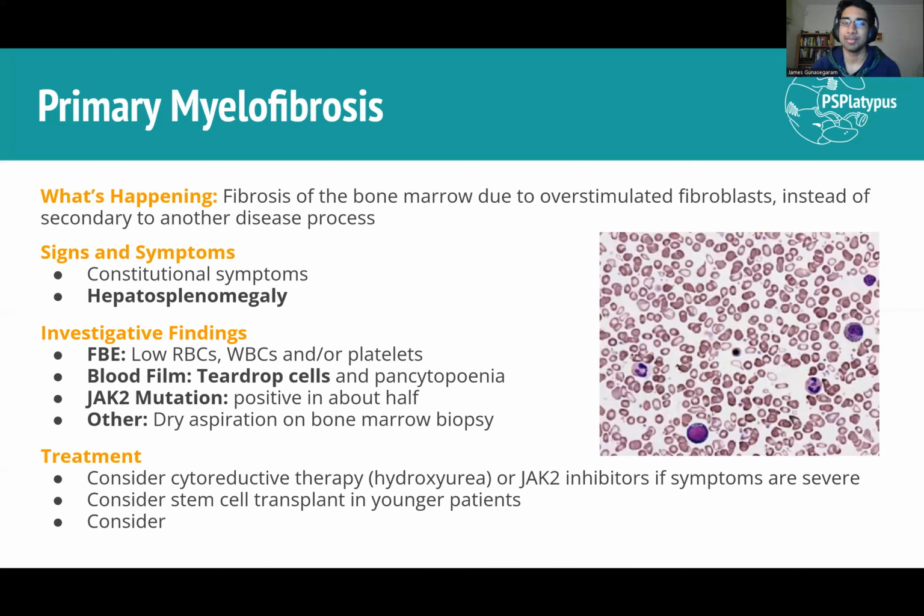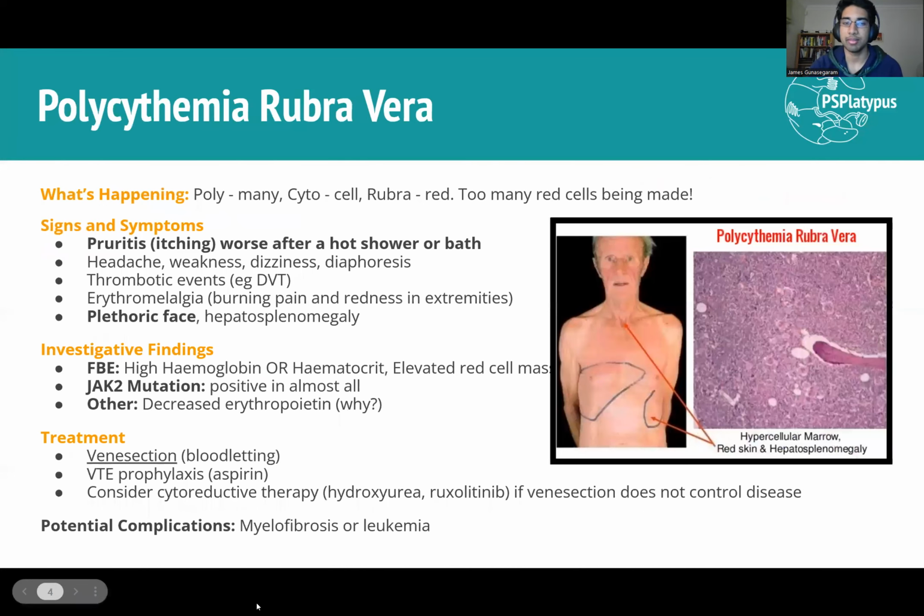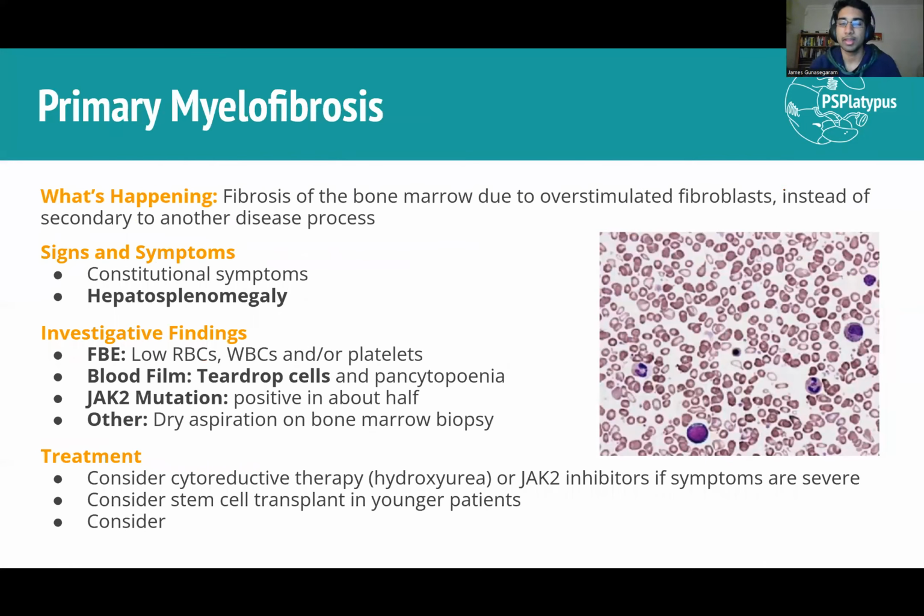The point is, they're implicated in a bunch of cancers, and here they're also relevant. So you see them pop up in previous ones. The amount they're positive varies quite a bit. If you have PRV, you probably have a positive JAK2 mutation. That's not to say that if you have the JAK2 mutation, you'll develop PRV. So be mindful that it doesn't necessarily go both ways.